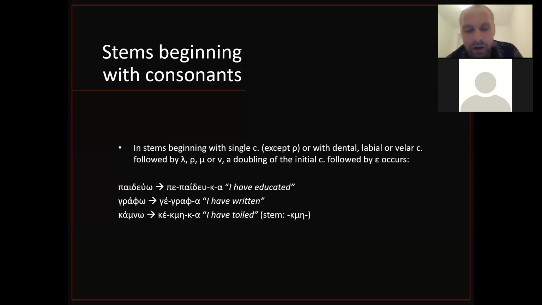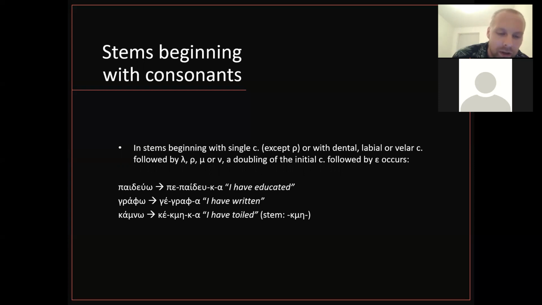That is, we have a velar followed by a nasal in the beginning of the root or stem, in this case. Okay, but you don't have to memorize the rules for the formation of the perfect stems that I'm going through here. But this is just to give some insight into the logic behind the formation of the stem.